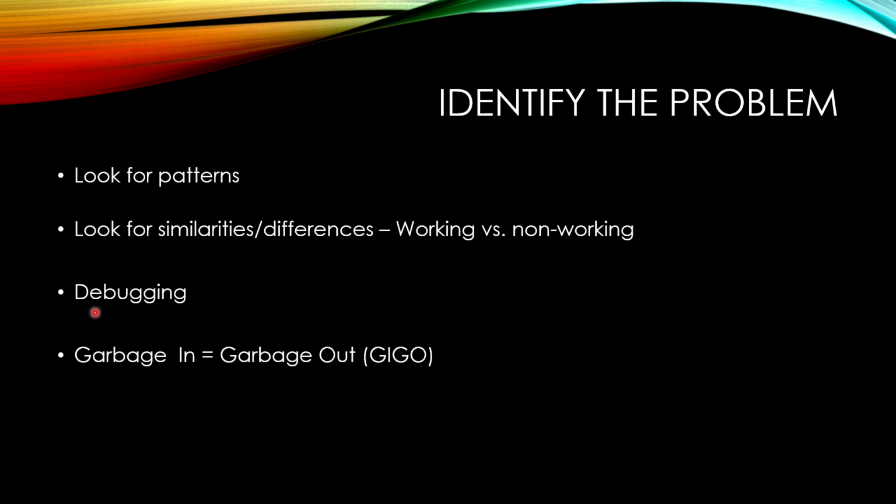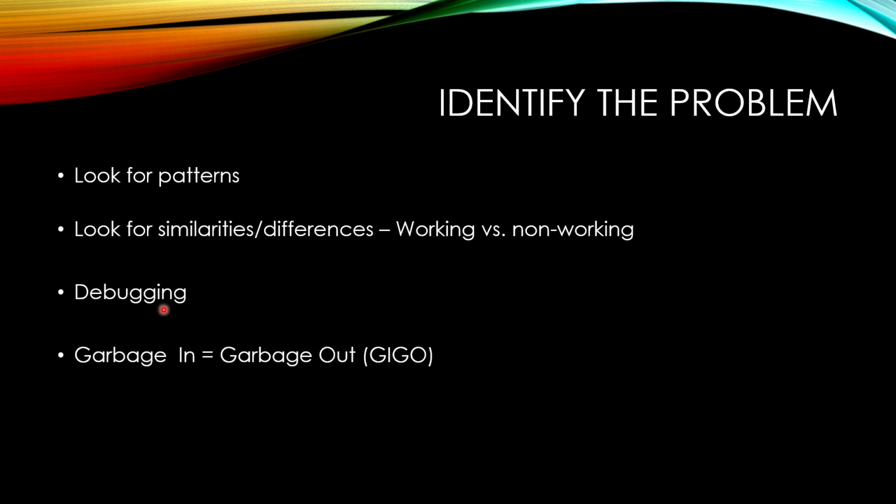So that's when we use our debugging tools to step through. And remember the secret to debugging that I repeat over and over. You have to understand what the code is supposed to do so that you know what to expect. And when you get a result that is not what you expected, you know where the problem is. So know what to expect and how it's supposed to work.